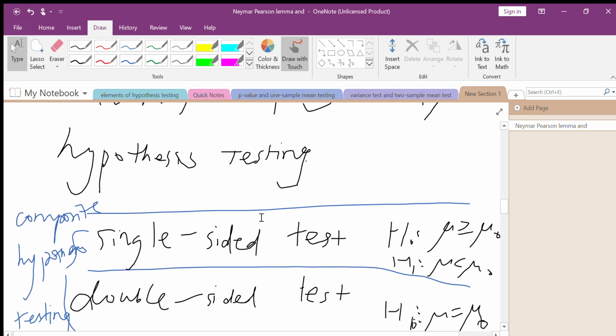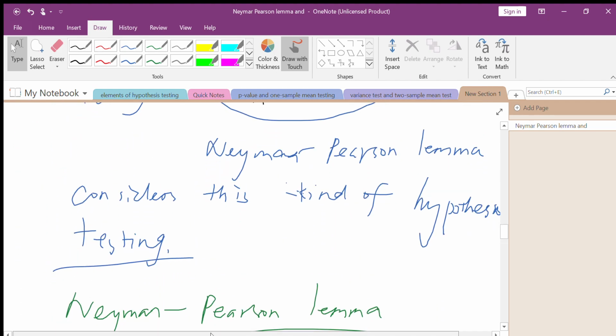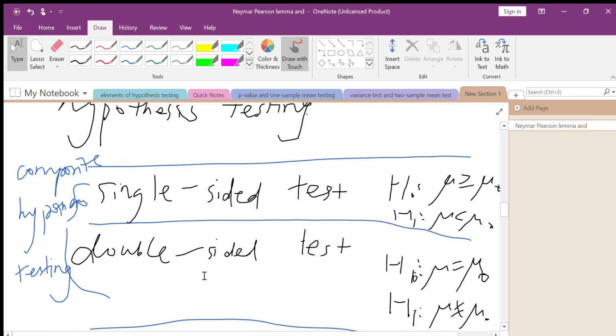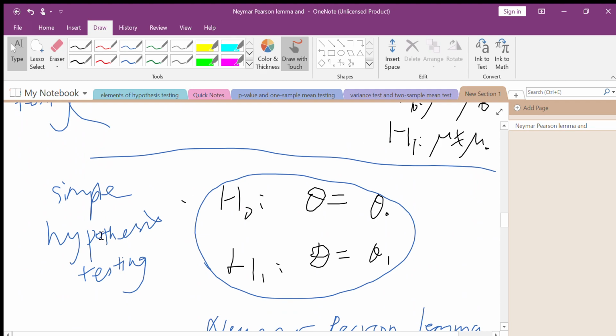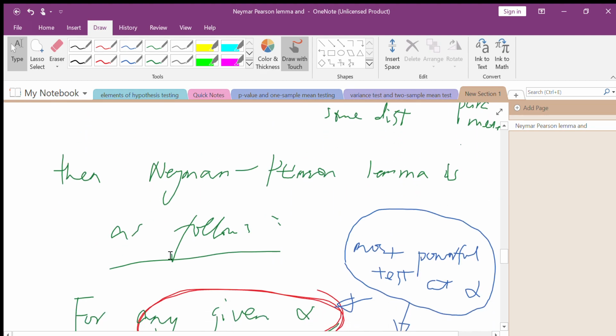How about composite hypothesis testing? For the final goal of this lecture, we have finished the simple hypothesis testing part by simply applying the Neyman-Pearson lemma.